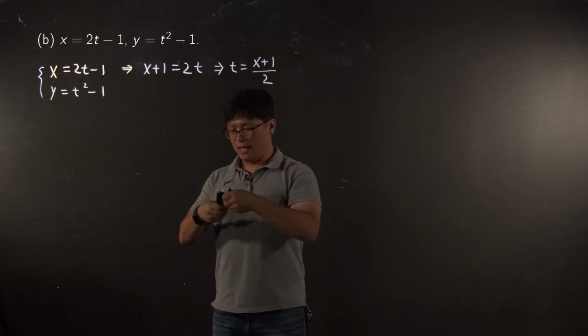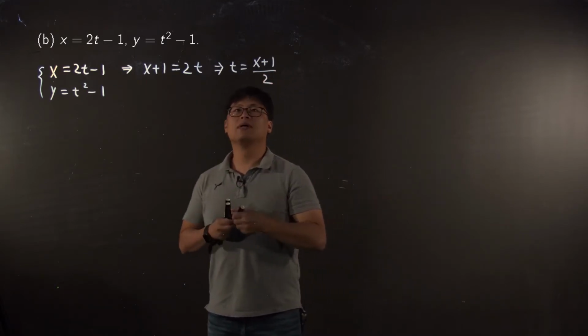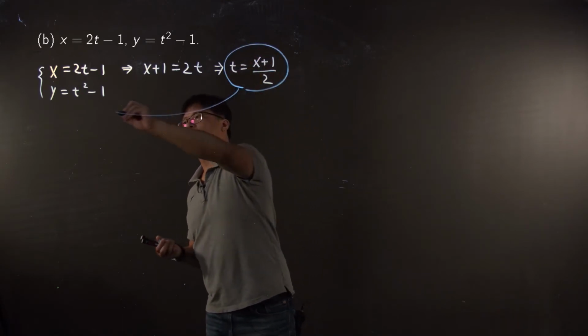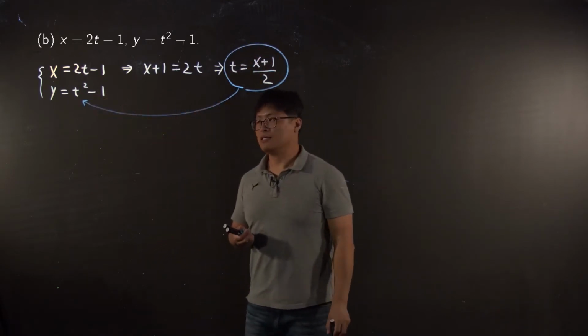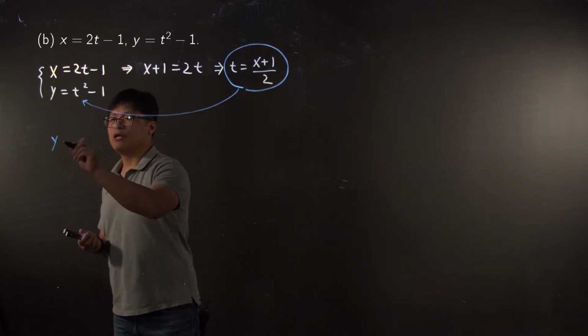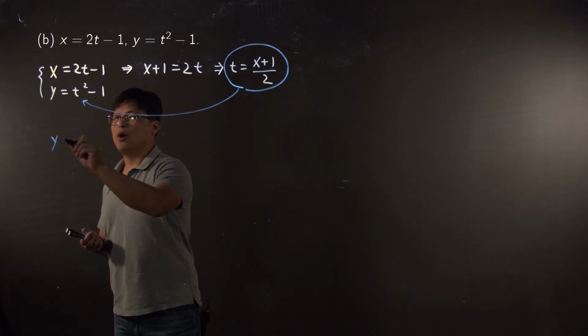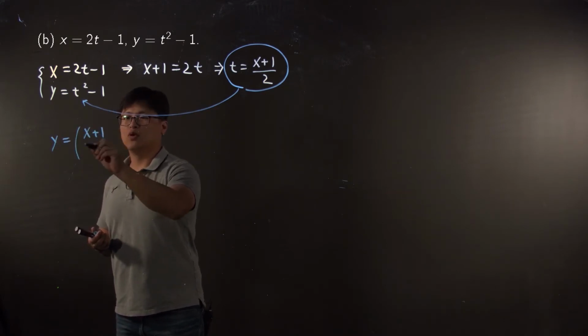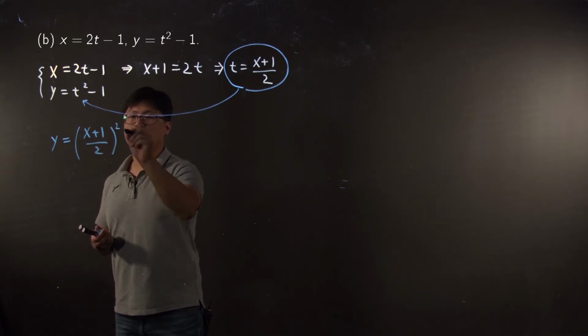As we did before, I'm going to plug this into my second equation. It's a really clear and easy process, right? Then my second equation will be an equation of x and y only. y is equal to, instead of t, (x plus 1 over 2) squared minus 1.